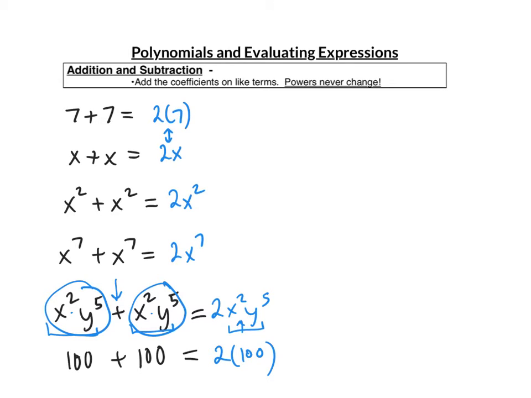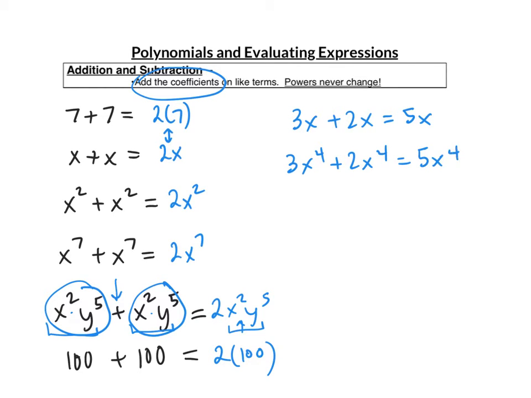So let's take this and talk about why it's add the coefficients. If I say 3x plus 2x, you're used to that. That's 5x. Well, if I say 3x to the 4th plus 2x to the 4th, there are 5x to the 4th. If I say 8x squared y cubed plus 11x squared y cubed, that's 19 of those things, 19x squared y cubed.